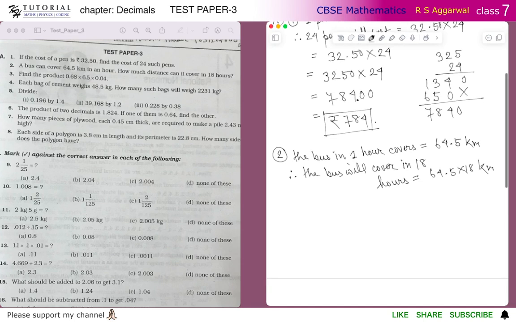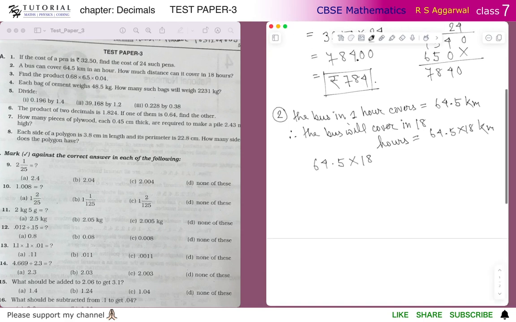So now we have to do the multiplication of 64.5 into 18. So this is again a decimal number multiplied by a whole number. First we do the multiplication by considering the decimal number as a whole number by omitting its decimal point. So this becomes 645 multiplied by 18.